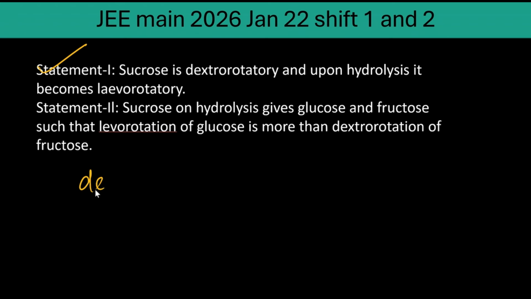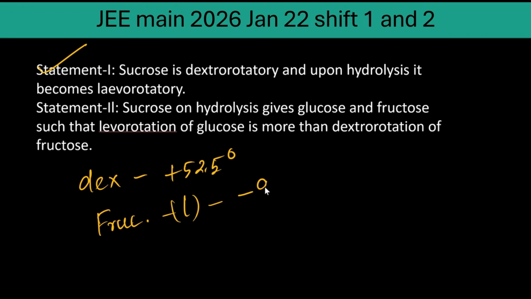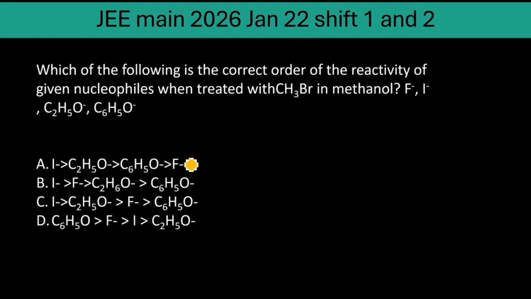Glucose is dextrorotatory, that is plus 52.5, correct, and fructose is levorotatory, that is minus 92 degrees. So the statement is reversed; it should say the levorotation of fructose is more than the dextrorotation of glucose. So this makes it a wrong statement.